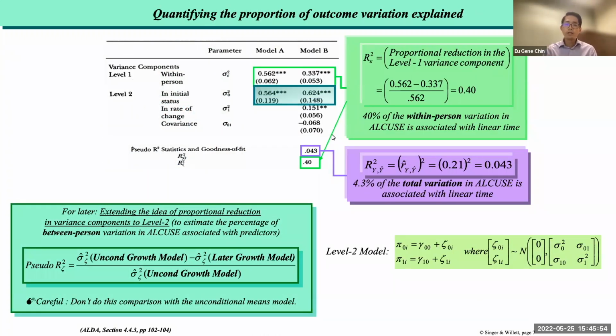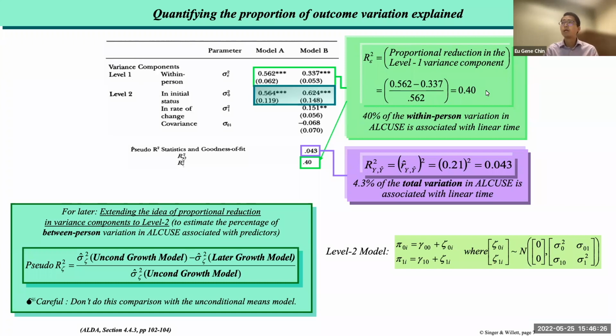So we can calculate the proportional reduction in the level 1 variance component because we added time at the level 1 submodel by using this formula over here. We basically take the amount of within person variation from model A, which is the unconditional means model, and we subtract from that the amount of leftover within person variation from model B, divided by the original total amount of within person variation.